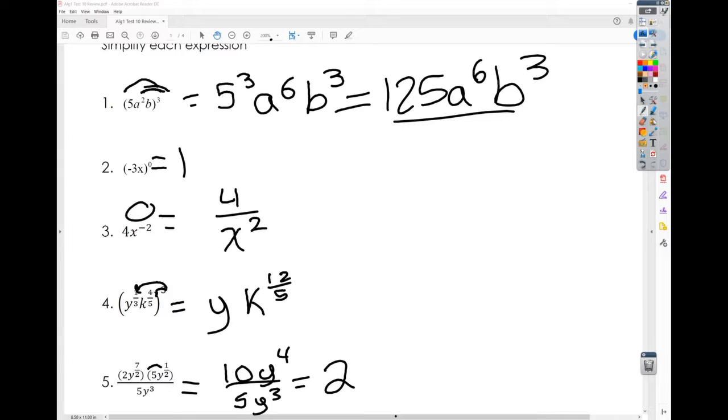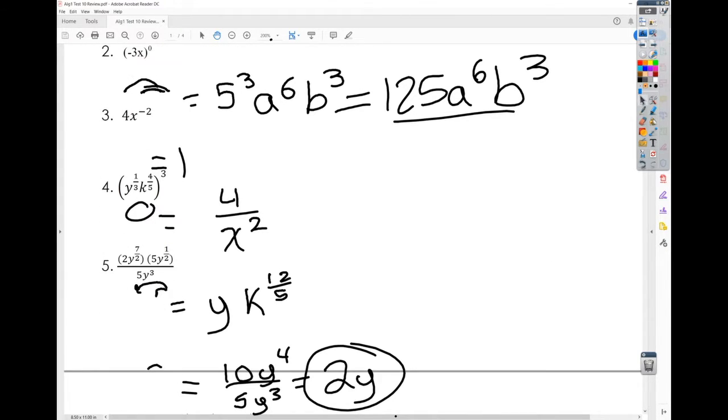And then when we divide with the exponents, we want to subtract in that case. So when I divide y to the fourth divided by y to the third, in order to divide those two, I want to subtract their exponents, giving me a y to the first power. Okay? So let's go ahead and move on to the next problems.